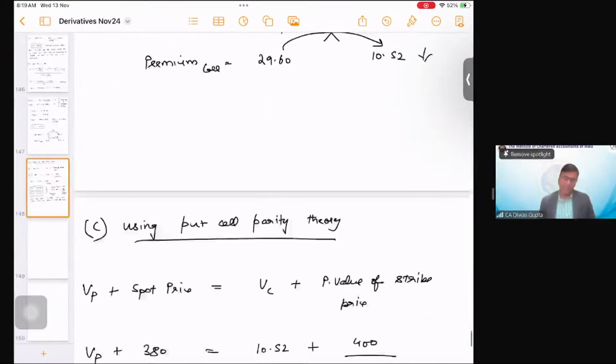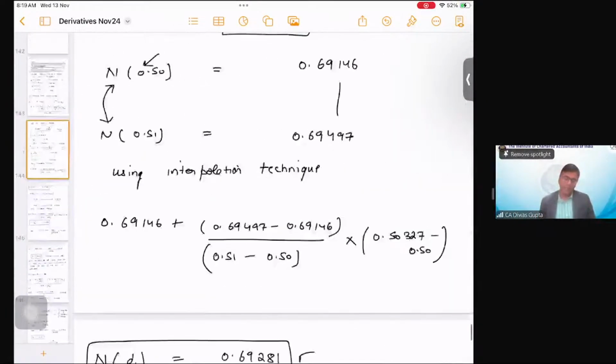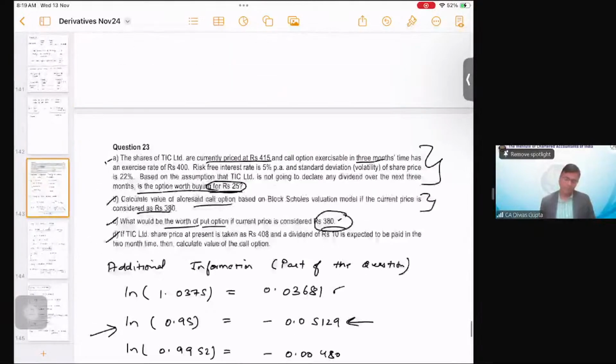And the last part now, students, which is the D part of this question. If TIC Limited share price at present is taken at 408, now they are introducing the third spot price. First 415, then 380, and now 408. And a dividend of rupees 10 is expected to be paid in 2 months' time.